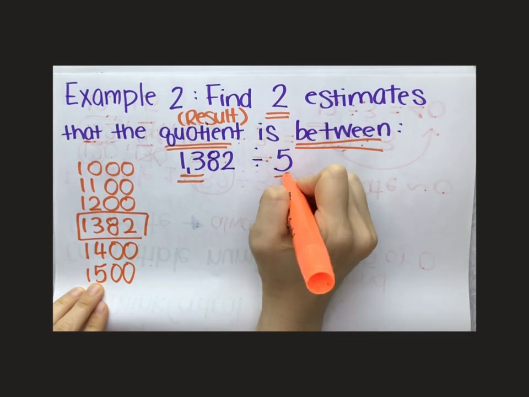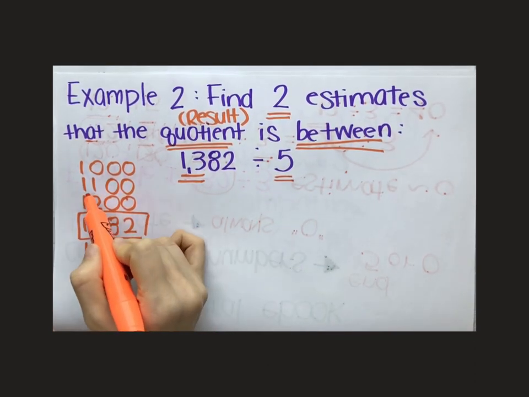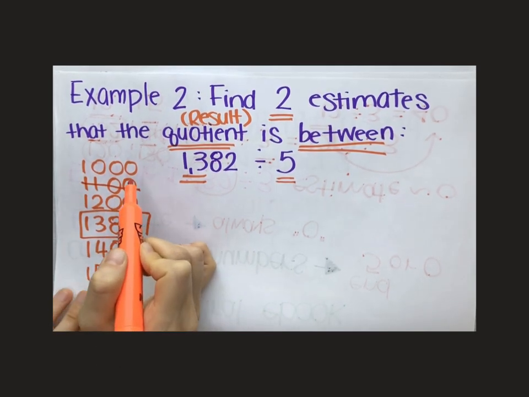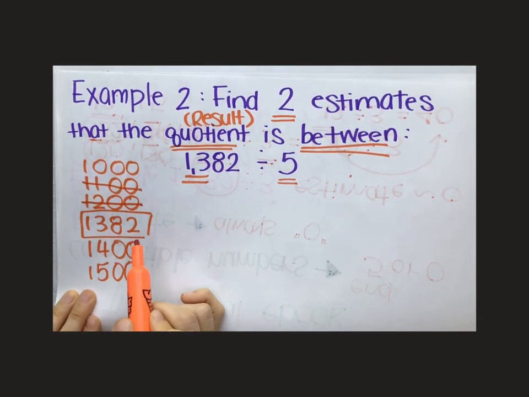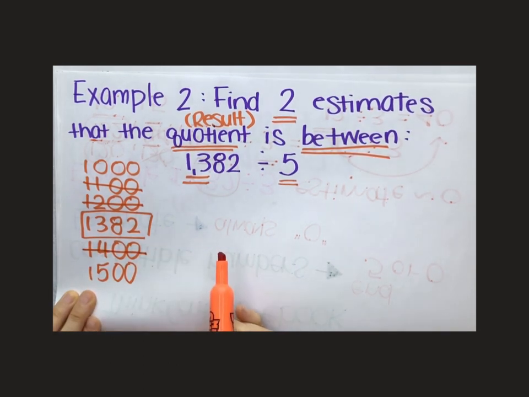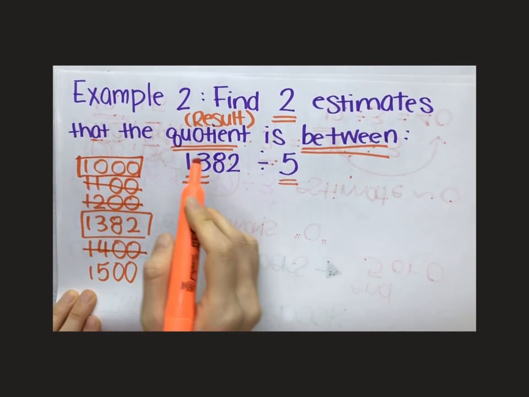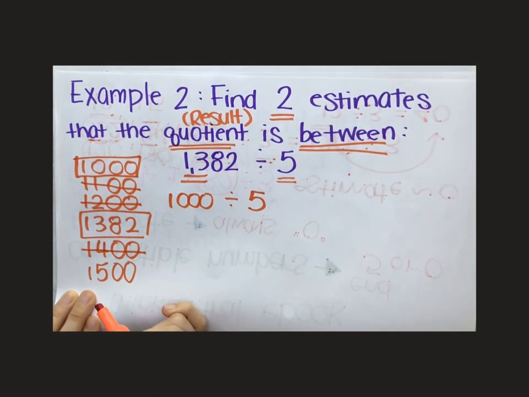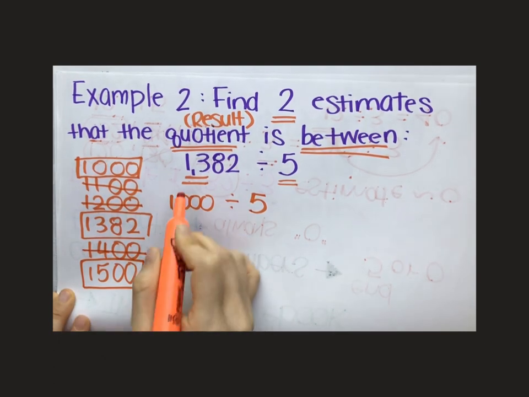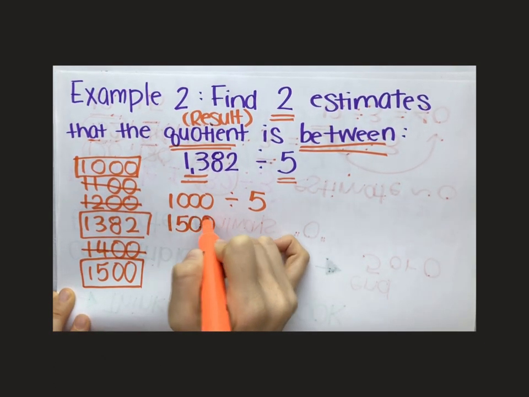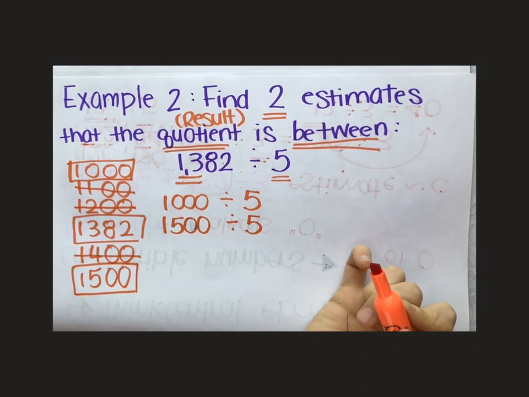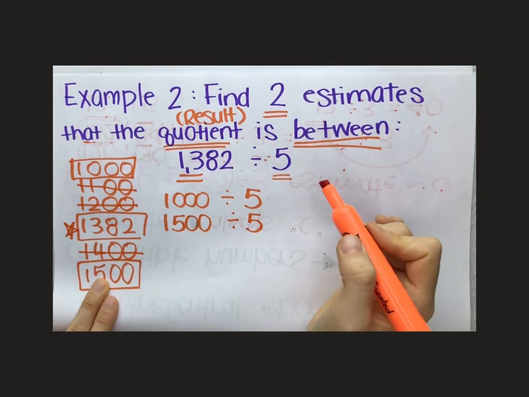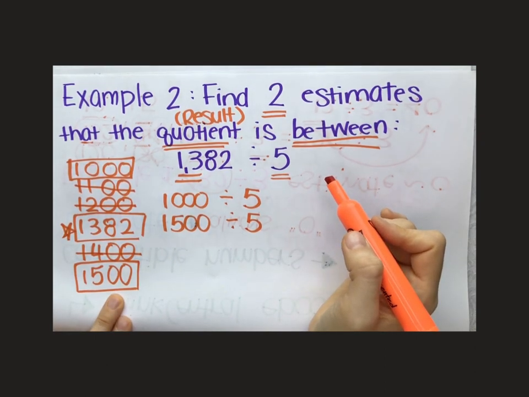Now when we are dividing by 5, can I divide 11 by 5? Not really. 12, 14. I know that I can take 1,000 and divide equally by 5. I can also take 1,500 and divide equally by 5. Those are the two numbers that are closest to 1,382.